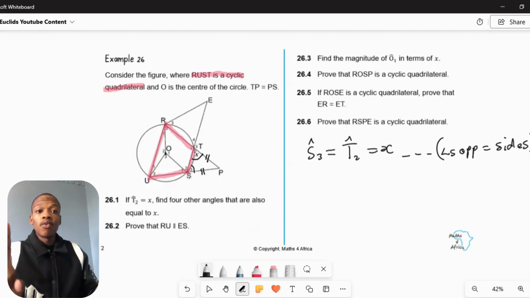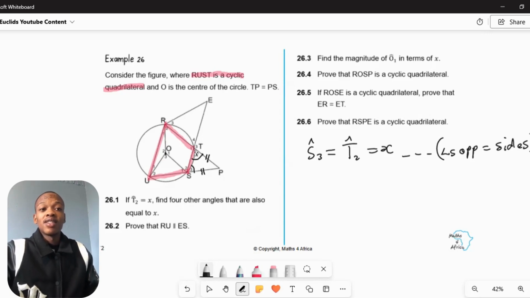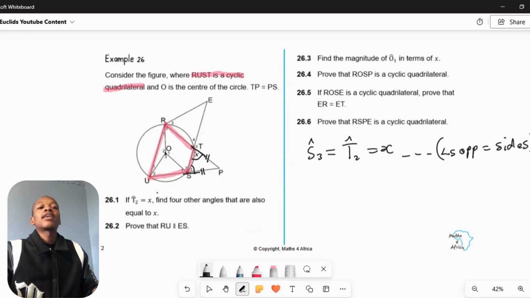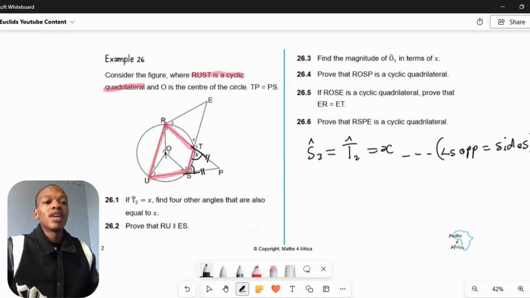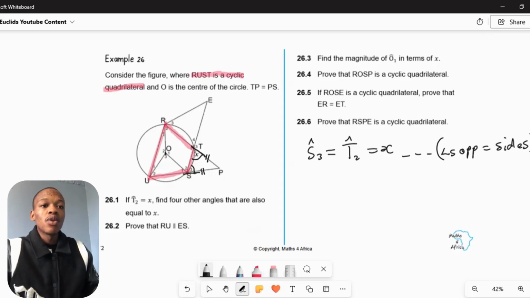Let's go for another one. We have a cyclic quad. Do we have an exterior angle of a cyclic quad? Yes, these two are exteriors of a cyclic quad. T2 is an exterior because this line is straight and forming an exterior for the cyclic quad RUST. And this one is a straight line passing by S, forming an exterior angle for cyclic quad RUST. Which means S3 is equal to angle URT.